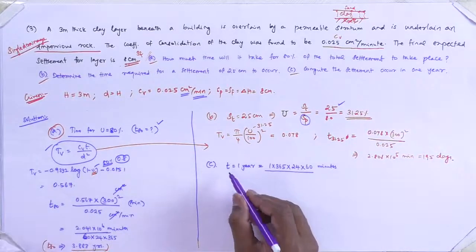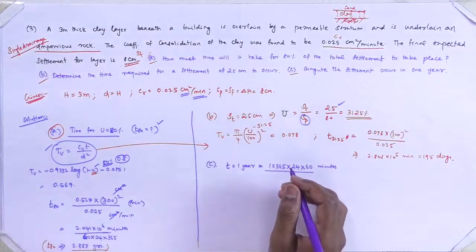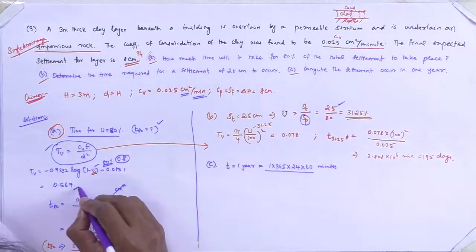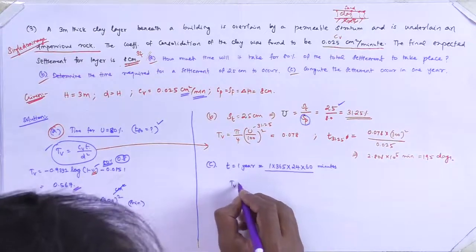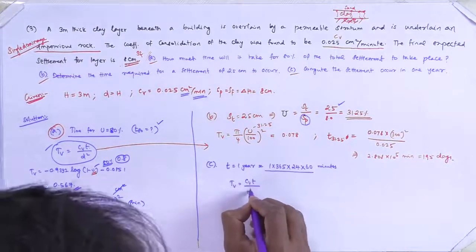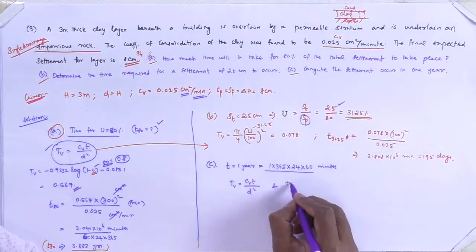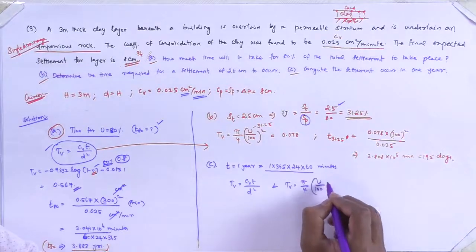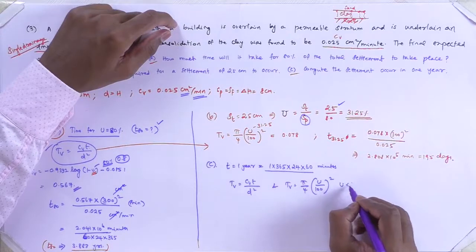Before going into this, you have to find the TV value. Let me write this TV formula: TV equals CV T divided by D square, as well as TV equals pi by 4 into (U by 100) square when U is less than or equal to 60%.